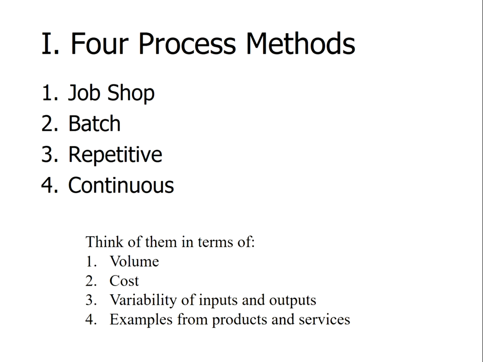So how could I turn my tax preparation center into something that is batch or maybe repetitive, because that drives my unit cost down? I could buy specialized software. I could train individual people to do different parts of the process, and they could become very efficient at processing that step, which would allow me to increase my throughput and at the same time lower my cost per unit.